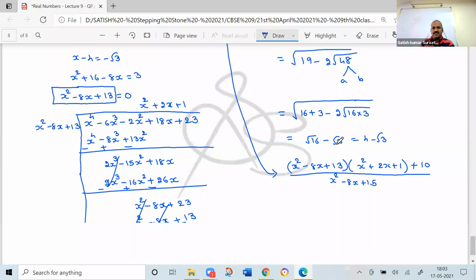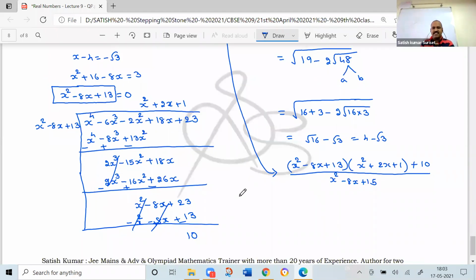Now, we got the value of x square minus 8x plus 13 as 0. So the numerator will be 0 plus 10, upon the denominator x square minus 8x plus 15. Here also x square minus 8x plus 13 will become 0. So 0 plus 2. That is 10 upon 2, which is 5. So 5 is the answer for this.